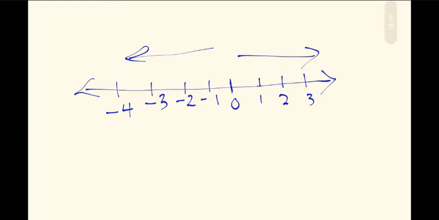So the sign of, let's say, this -4 here tells us that -4 is on the left side on the number line, looking at it from 0.